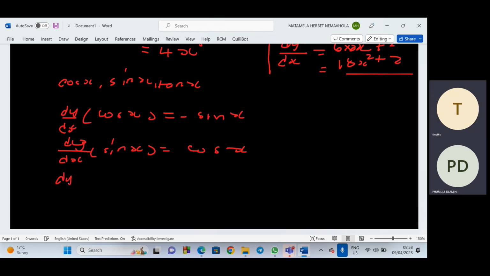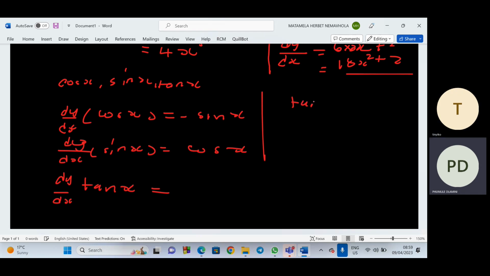And dy over dx of tan x equals, what is it? I forgot. Okay, it's fine. We can work out how to get it. Remember, when you don't understand how to do something, like now, let's say I forgot how to differentiate tan x. According to Grade 12 mathematics, tan x equals sin x over cos x.